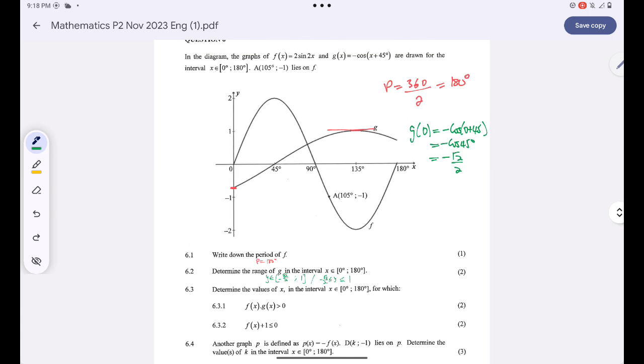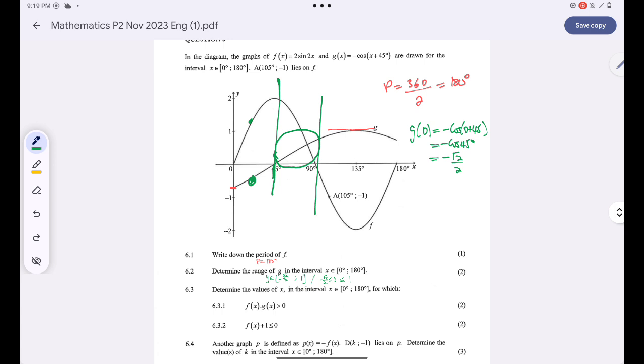Are you together? So if I scan moving from left to right, I can see that before this x-intercept, the graph of g was below and the other one was above. And then when I move from 45 to 90 degrees, I can see that both my graphs are above the x-axis simultaneously.